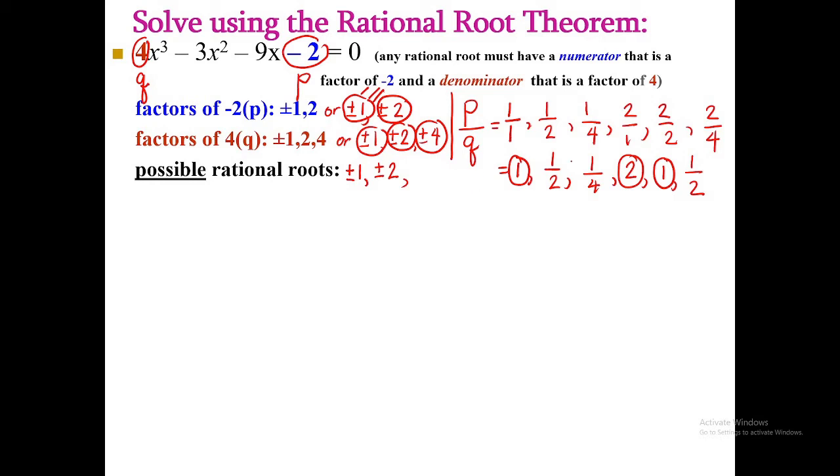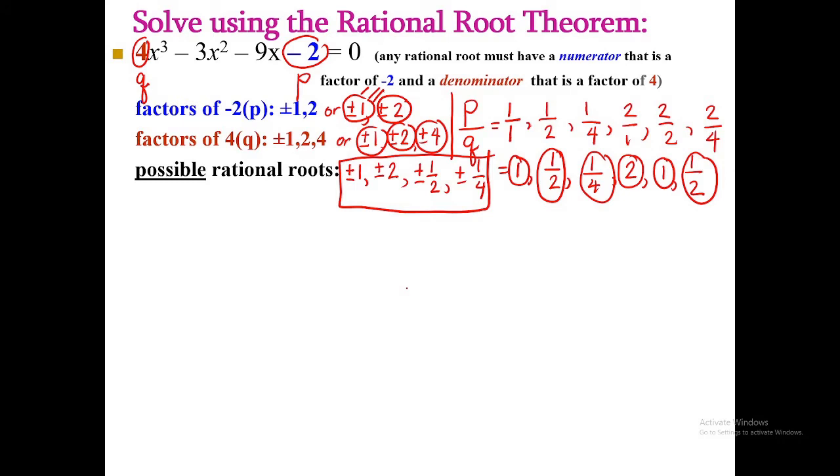Next, it can be 1/2 or 1/4. So I'll start with positive, negative 1/2 followed by positive, negative 1/4. These are the possible roots.